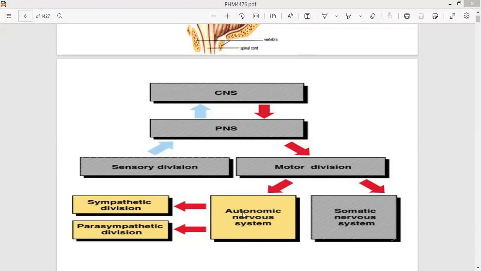And then under the autonomic nervous system, of course, we now have the sympathetic division, which will be controlled by norepinephrine, and the parasympathetic division, which is controlled majorly by acetylcholine. So sympathetic, norepinephrine, we know it plays various roles in various tissues.